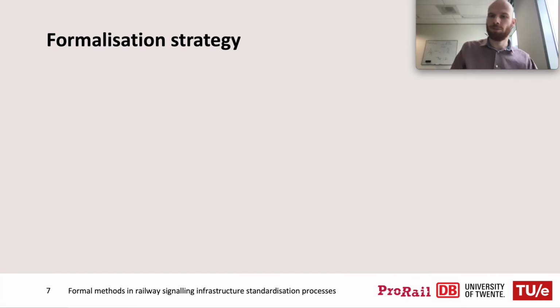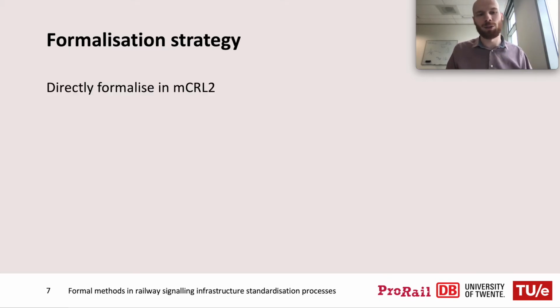Then on to our formalization strategy. This slide contains most of the content of our FORTE paper. Our key strategy is to directly formalize the semantics of these state machines with port connections in mCRL2. How do we do this?